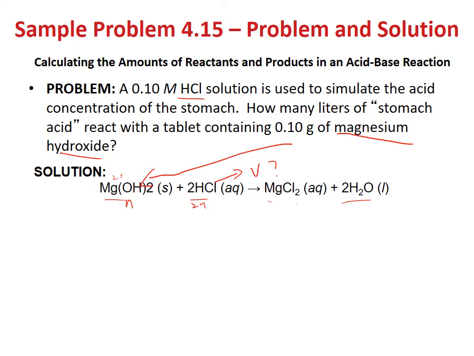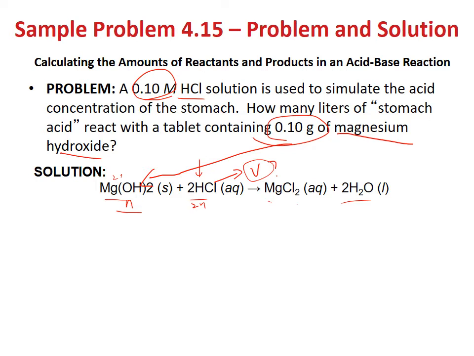So first, 0.1 gram should be converted to moles of magnesium hydroxide. Then based on stoichiometry, we can calculate moles of hydrochloric acid. And then we can use molarity as a conversion factor to calculate the volume of hydrochloric acid.